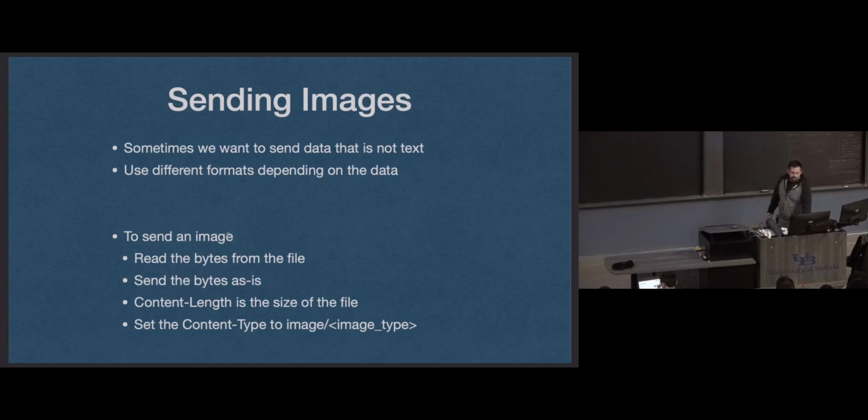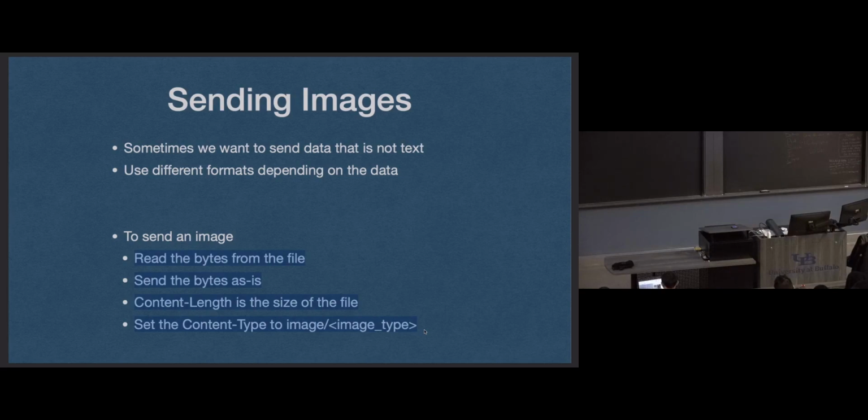Your general strategy for sending an image is to read the bytes of the file. A file is just a sequence of bytes. Make sure you're reading it in byte mode. Don't read it as text because it's not text, it's an image. Read the bytes of the file, and that's your byte array.